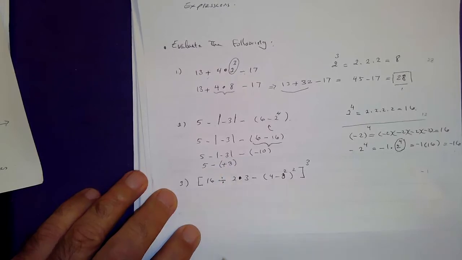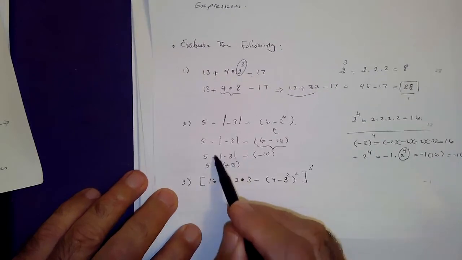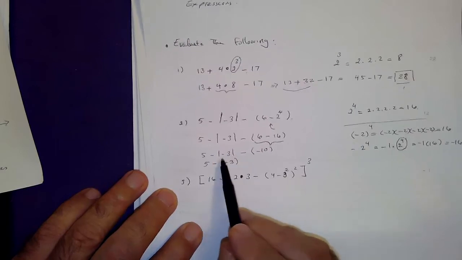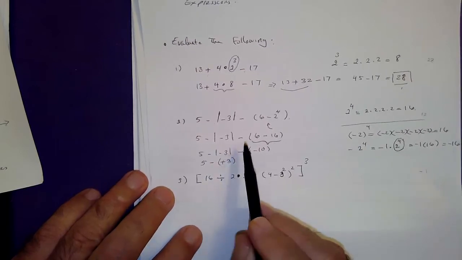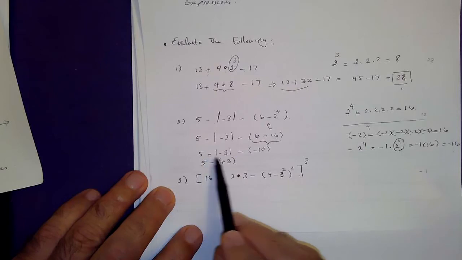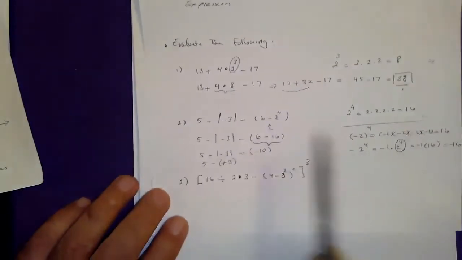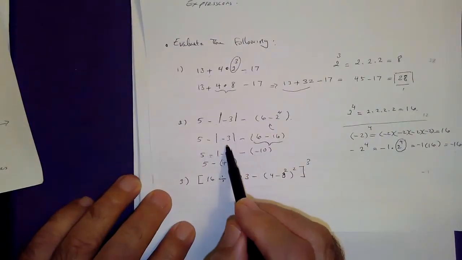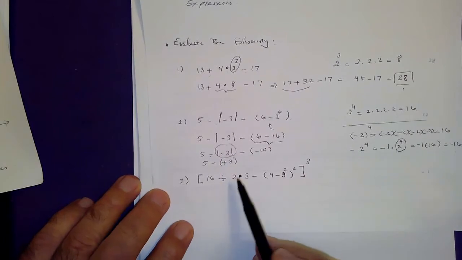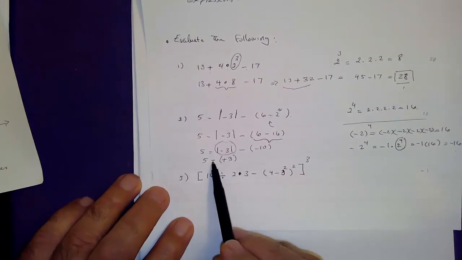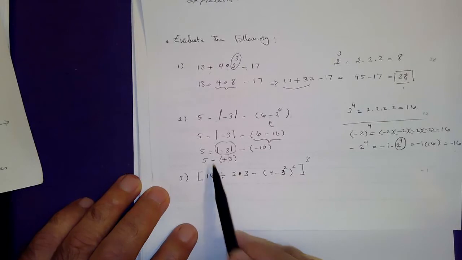Negative 3 is positive 3. Remember now, I cannot distribute the negative because this is not a distribution law. This is minus absolute value, but absolute value has to go before subtraction operation. So first you simplify absolute value of negative 3, which is 3, and then multiply the final answer by negative.